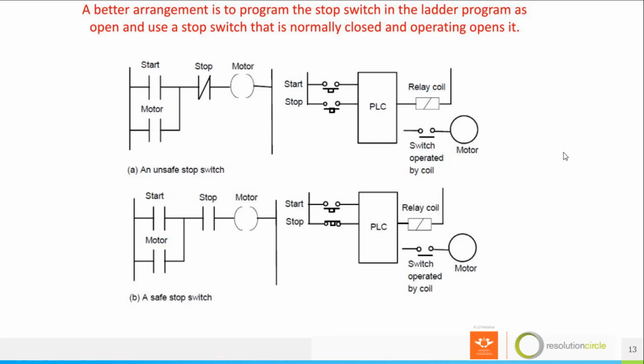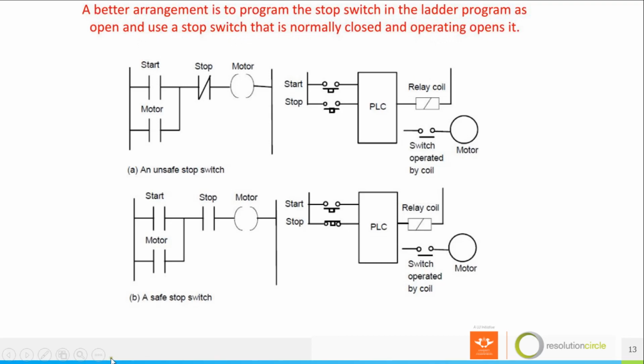That's actually the better way of wiring and programming your stop. It is actually a safe way. Right? A better arrangement is to program the stop switch or the button in a ladder program as an open and use a stop button or switch that is a normally closed.